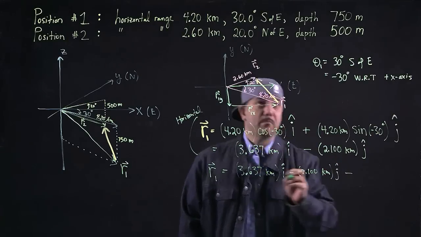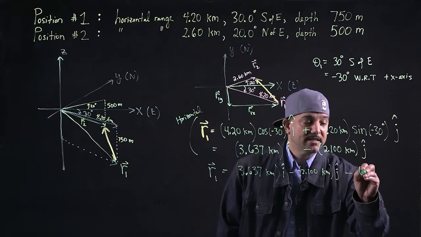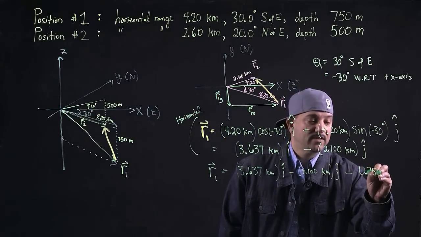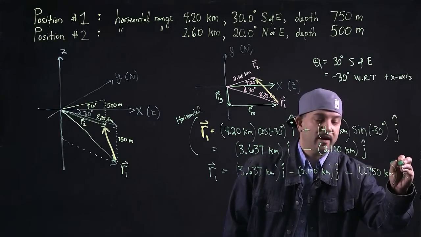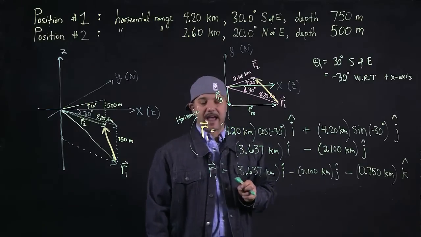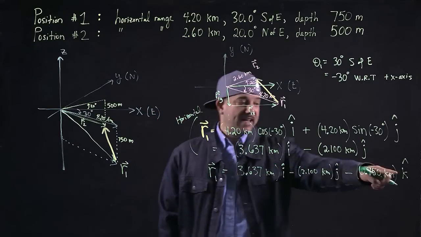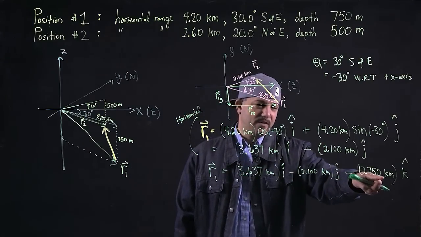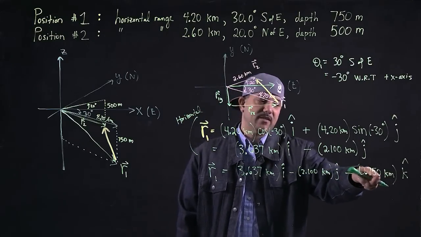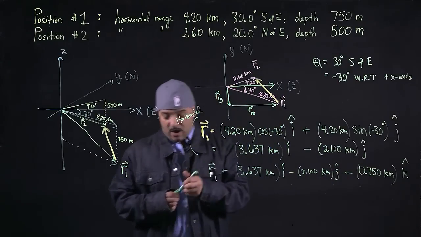And I'm going to write it as minus, I'm going to convert 750 meters to kilometers, minus 0.750 kilometers k hat direction. k hat is a little arrow that points up. Negative k hat is a little arrow that points down. So this means we're going 750 meters down. Okay. All right.